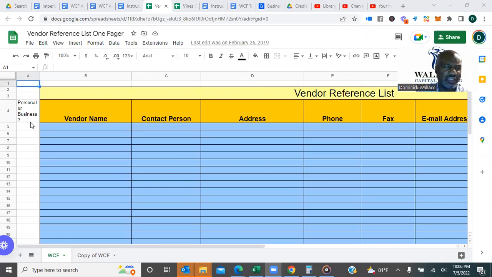Now, a lot of times when we're coaching a business, the client will have, let's just say, a cell phone in their personal name, and there's a way to transfer that from personal to the business. So a lot of times we'll ask them to put down all the vendors that they're paying for their business.